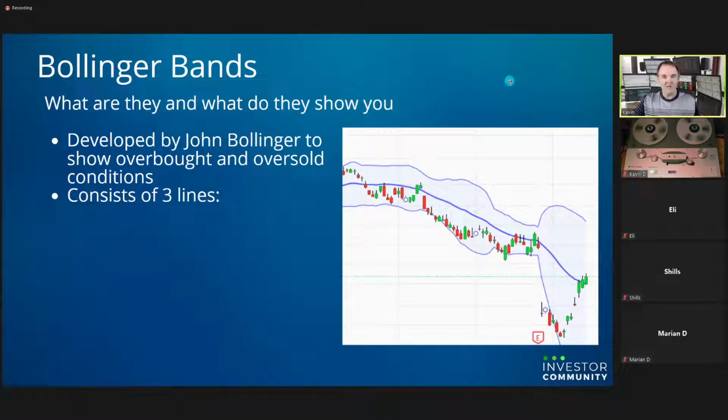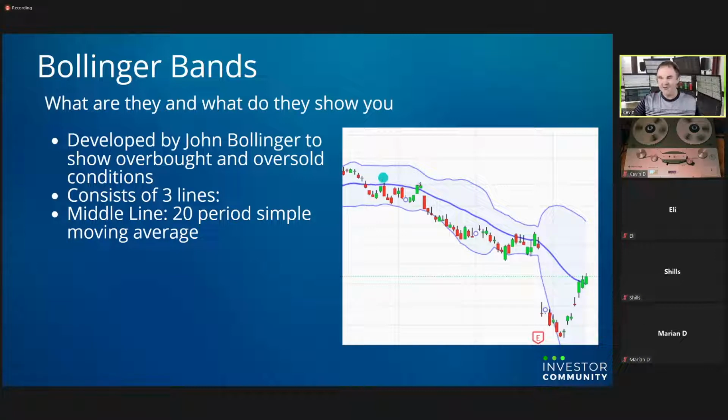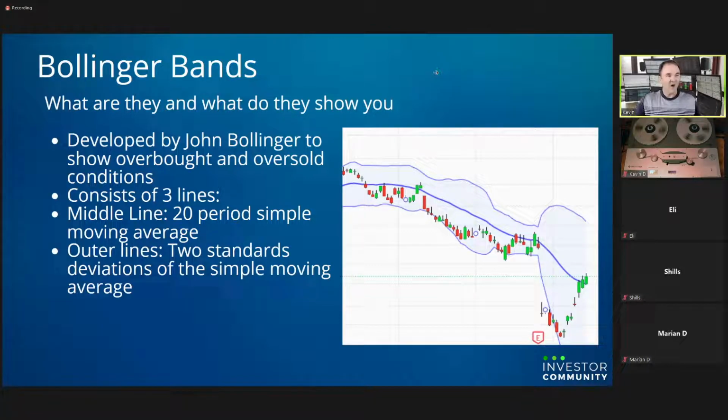And then, of course, we have the moving average in the middle. So it consists of 3 lines, which I basically just explained to you. We've got the 20-period simple moving average in the middle. And the outer lines are 2 standard deviations of the simple moving average as it relates to price. I won't get into the complex formula to calculate this.